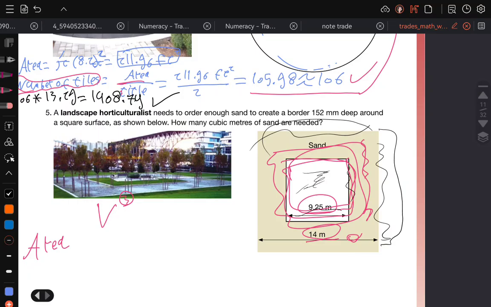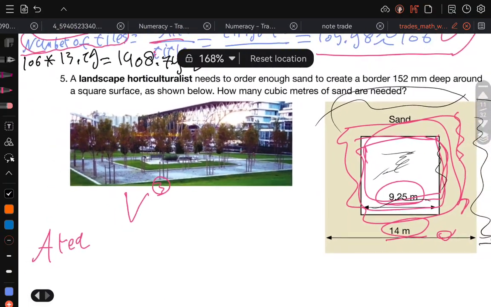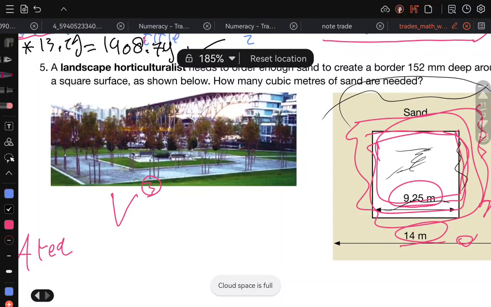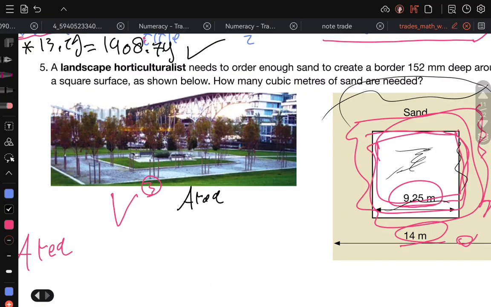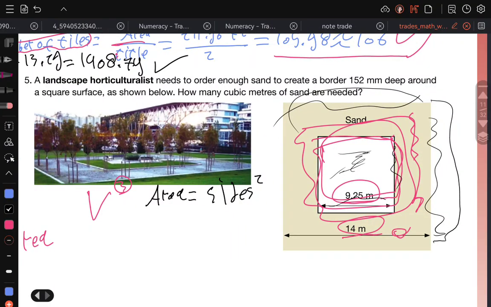What is the formula to find the area of a square? Always try to memorize it. Let's write it with the black one so it's gonna be more clear. The area equal to side square.